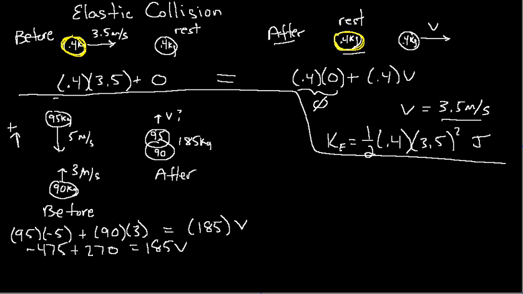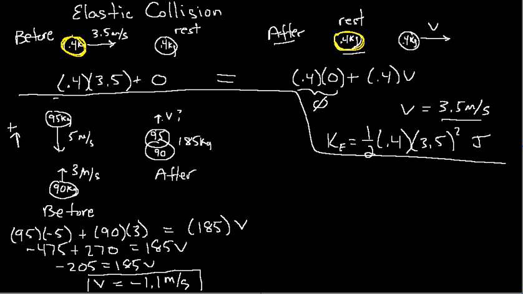That's minus 205 equal to 185 v. So v is minus 205 divided by 185, which is minus 1.1 meters per second.